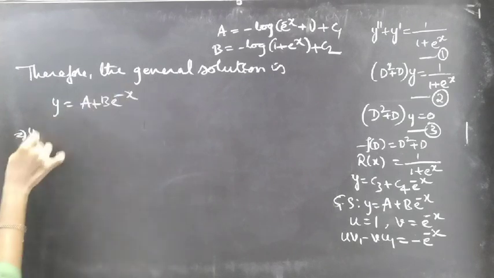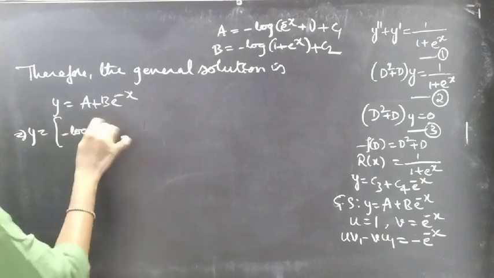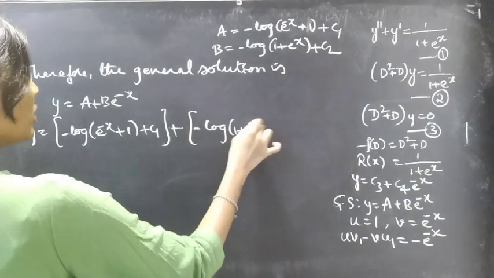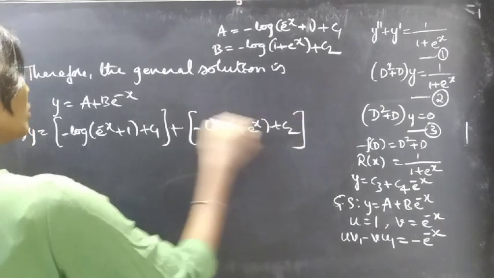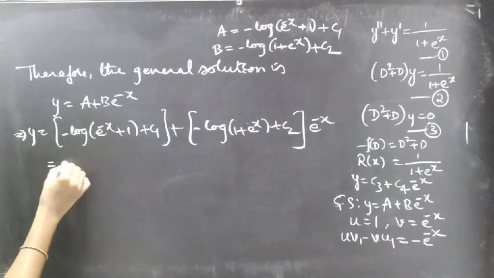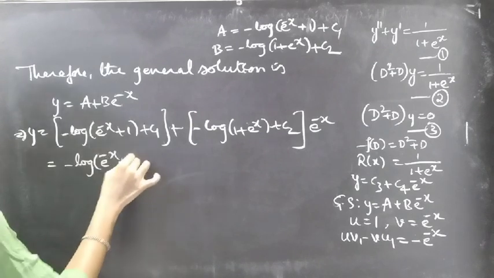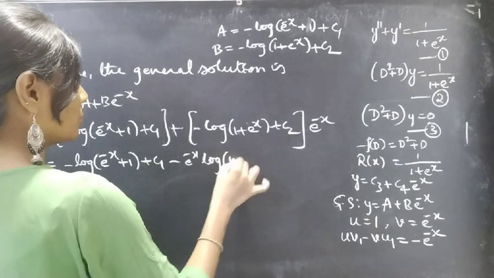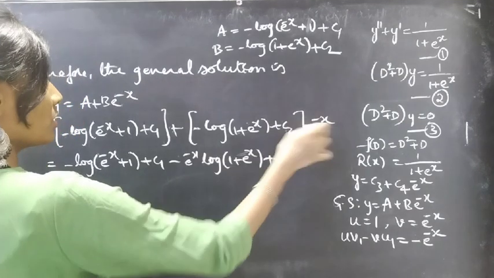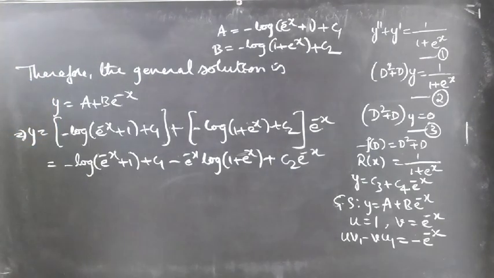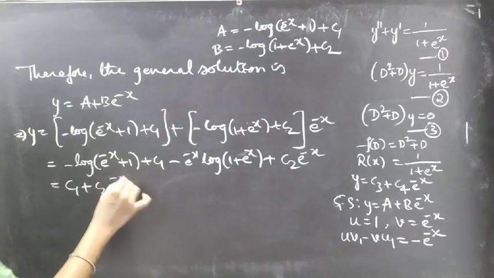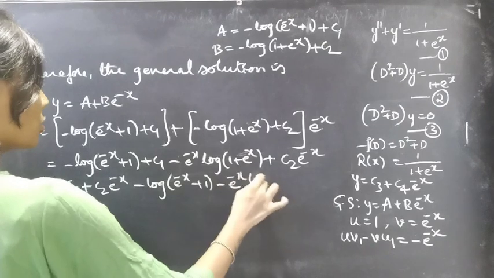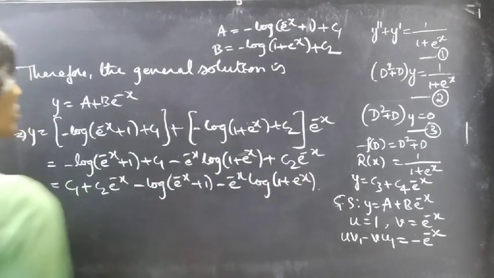Substitute a and b is minus log of e power minus x plus 1 plus c1 plus b minus log of 1 plus e power x plus c2 into e power minus x, which gives us minus log of e power minus x plus 1 plus c1 plus into minus minus e power minus x log of 1 plus e power x plus c2 e power minus x, or we can write this as c1 plus c2 e power minus x minus log of e power minus x plus 1 minus e power minus x log of 1 plus e power x, which is the required solution.